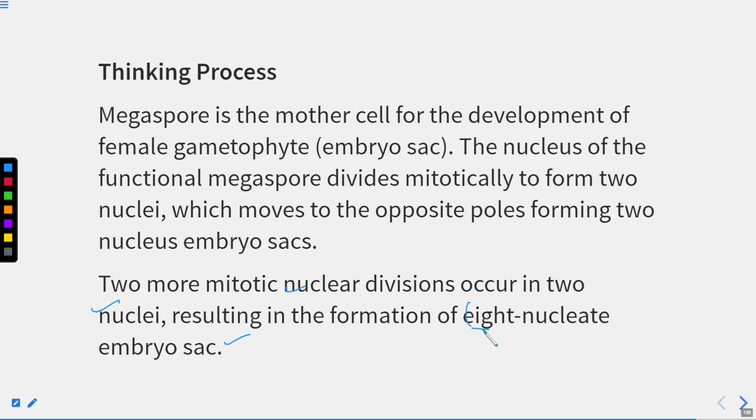So in the end we know that an 8 nucleate embryo sac is formed, or you can say 8 nucleate and 7 celled. Why 7 celled? Because there is a fusion of the 2 polar nuclei.